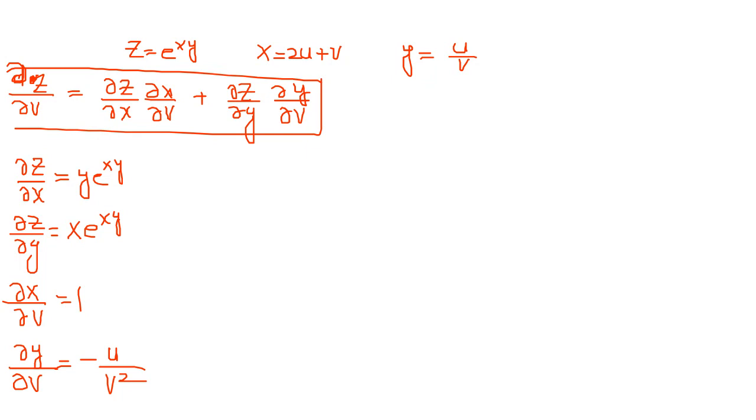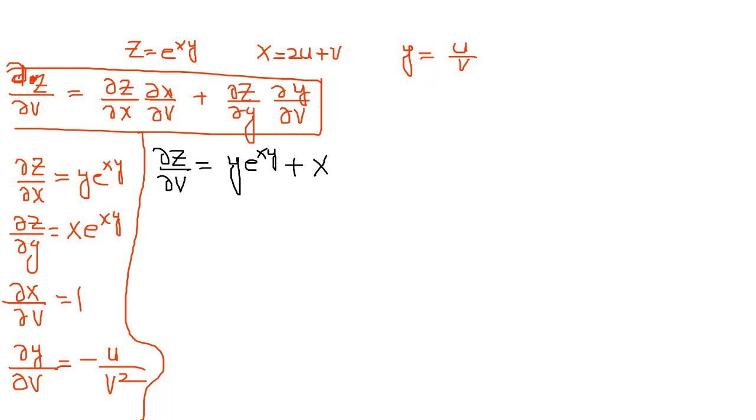So substitute these values in the formula. The partial derivative of z with respect to v is equal to y into e power xy, multiplied by 1 so no need to write, plus x into e power xy multiplied by minus u divided by v square.